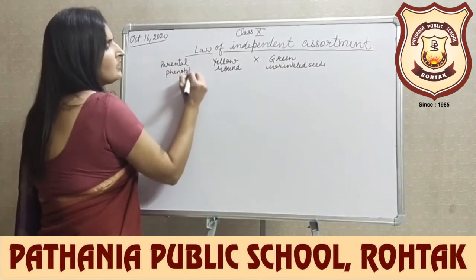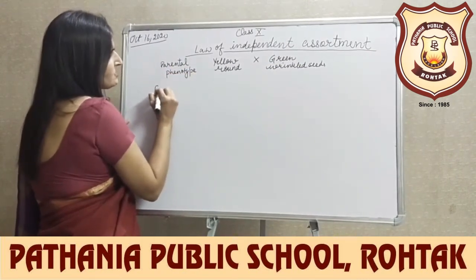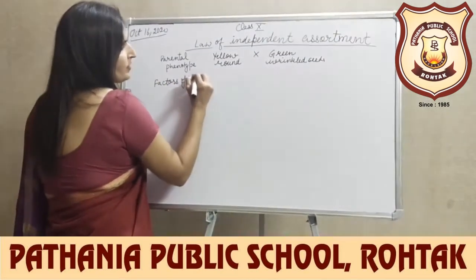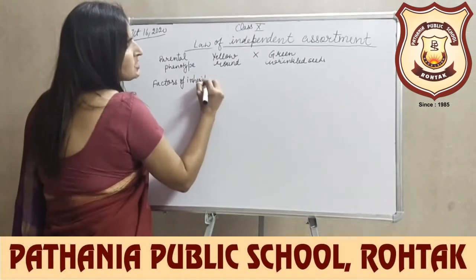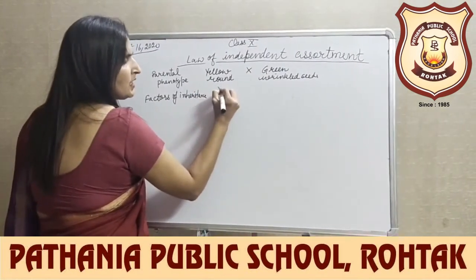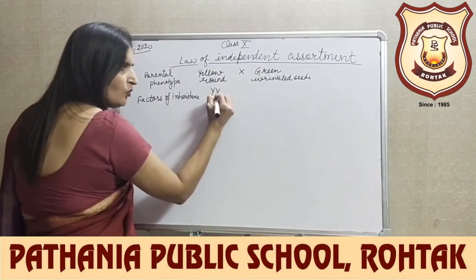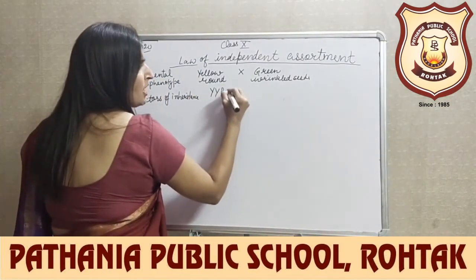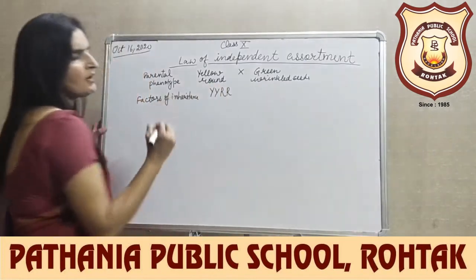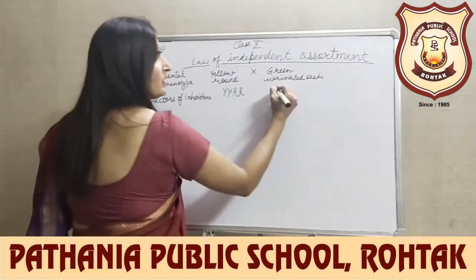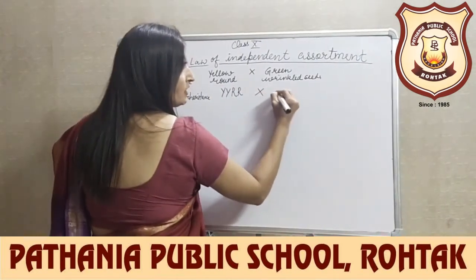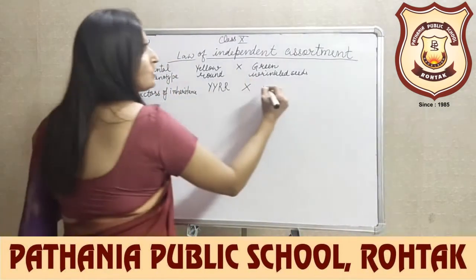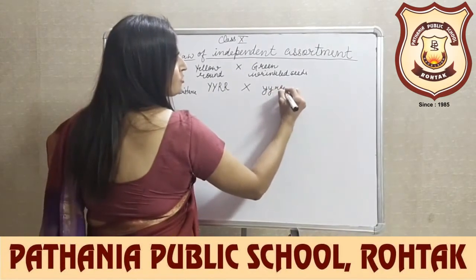What are the factors for the inheritance? That is its genotype. For yellow, capital Y. For round, capital R, capital R. For green wrinkled, small y, small r, small r.